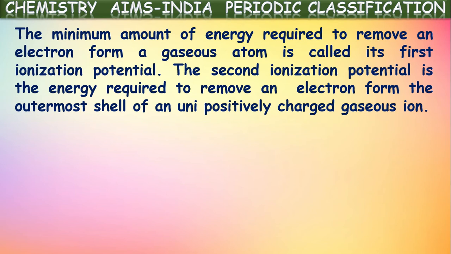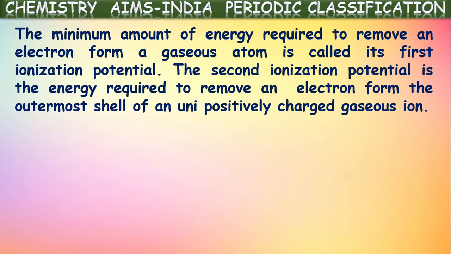So the minimum amount of energy required to remove an electron from the gaseous atom is called its first ionization potential, because from certain elements more than one electron can be removed. Yes, there are some metallic elements which can lose more than one electron in compound formation, isn't it? So the amount of energy required by those atoms for the removal of the first electron is called first ionization potential.